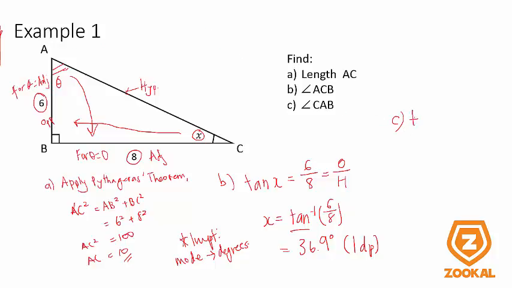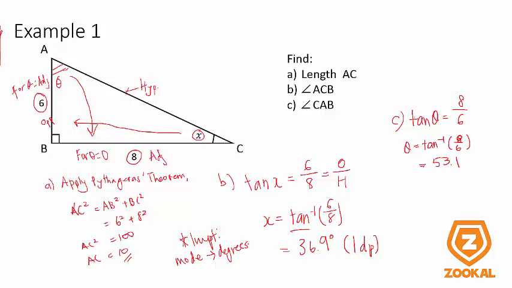Tangent theta equals opposite, which is length 8, over my adjacent, which is 6. Same thing, key this in the calculator again, and you'll get the answer 53.1.